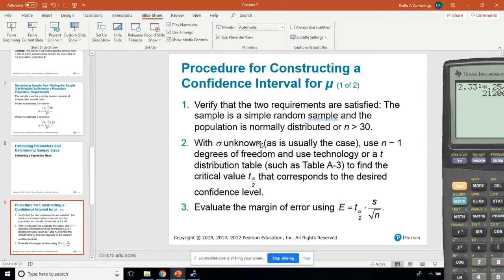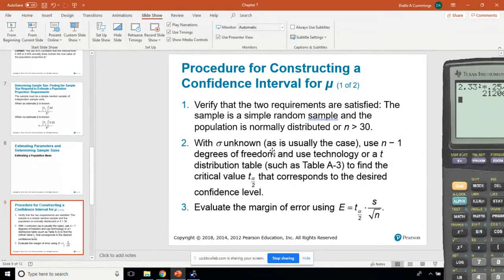Normally, the standard deviation is not known. When the standard deviation is not known, we use what's called a t-distribution. When the standard deviation is known or assumed, we use a z-distribution or a normal distribution.